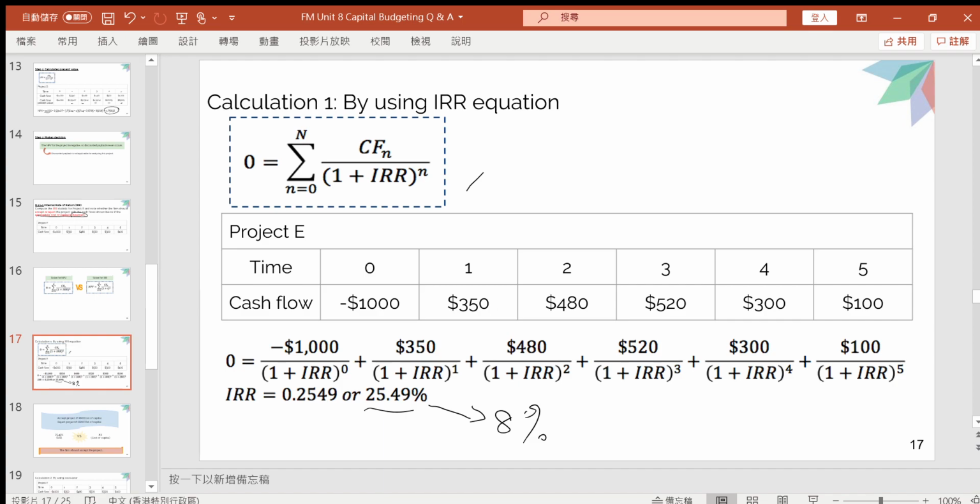Okay, and so surely if we accept this project and invest in this project, even if the cost is increased by several percent, you will find that it still gives you a positive net present value.